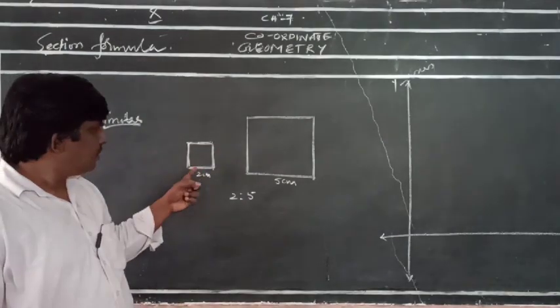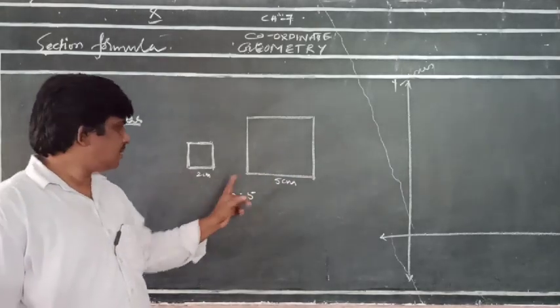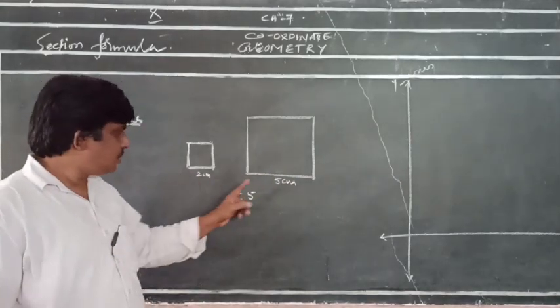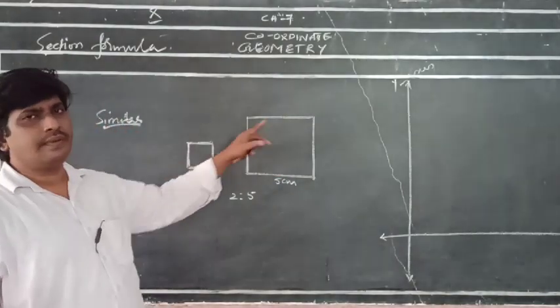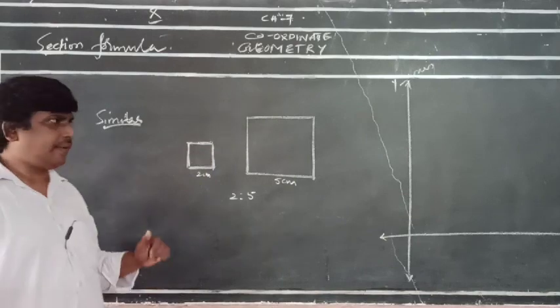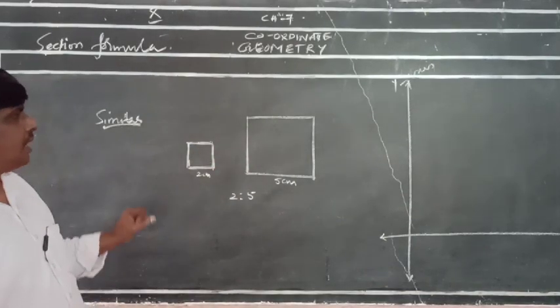So the corresponding sides maintain the same ratio. This is 2:5, these two sides also 2:5, and these two sides also 2:5. Therefore, we can say these two squares are similar.